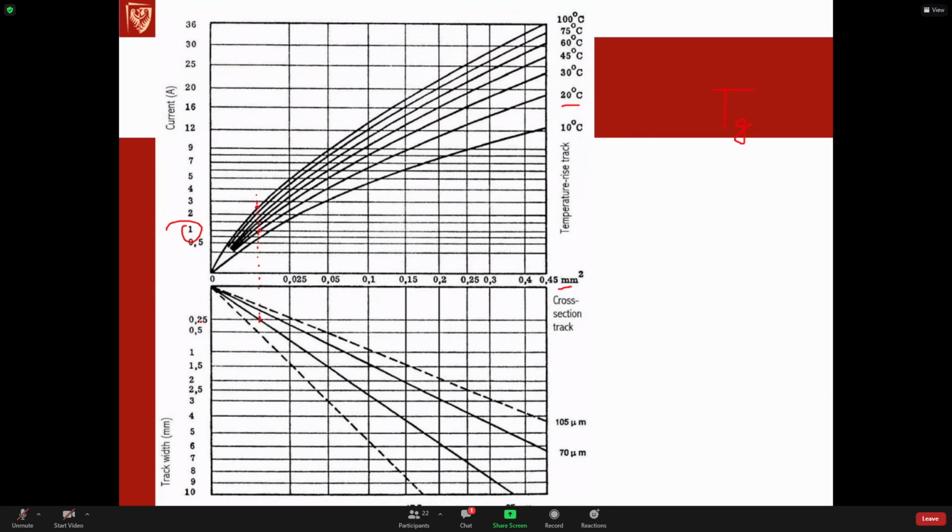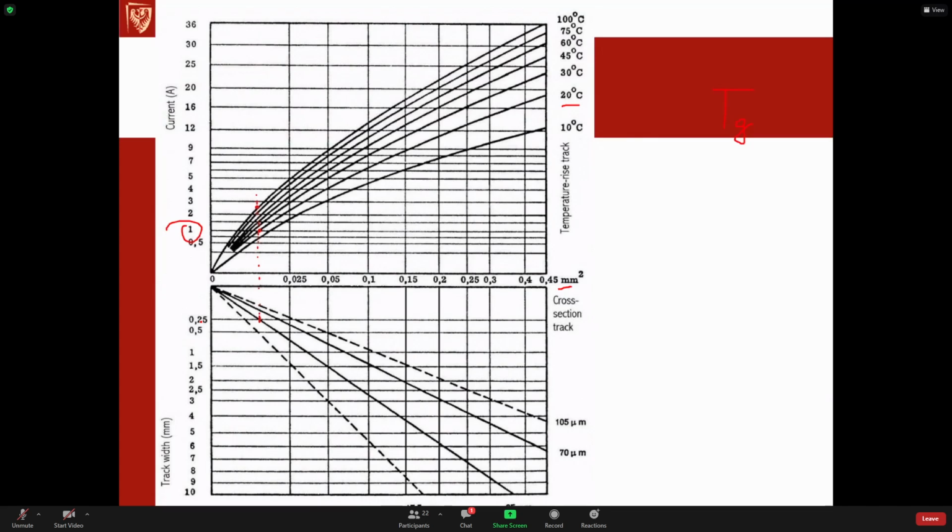The question to you now, a simple one: why at 1 amp will the temperature of the track rise? What stands behind this temperature rise? Simple question. Who knows the answer?